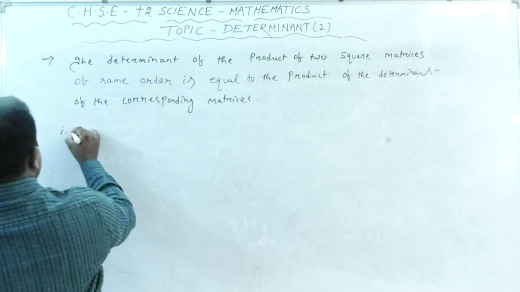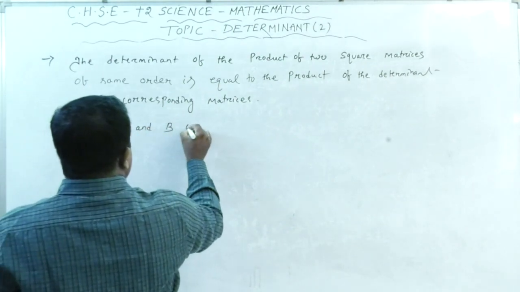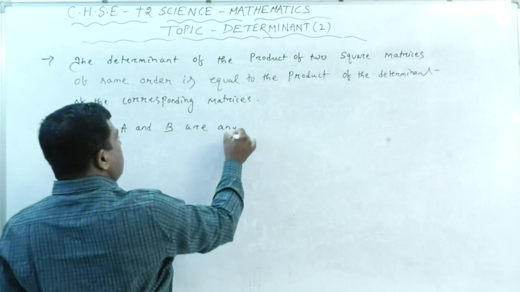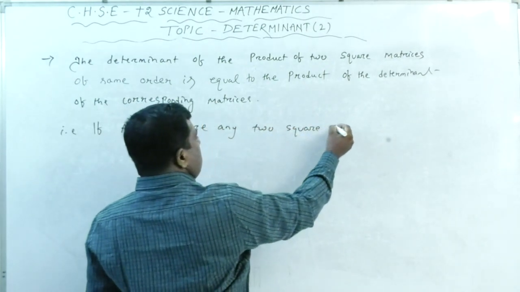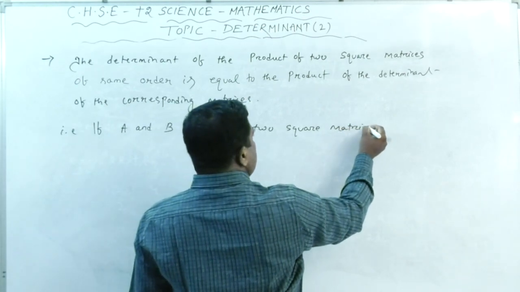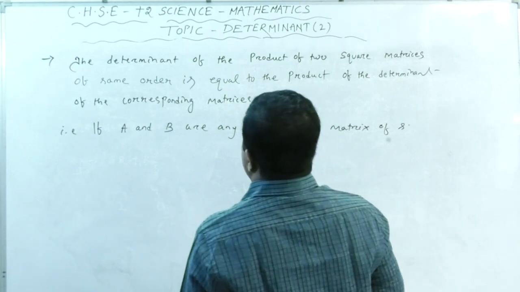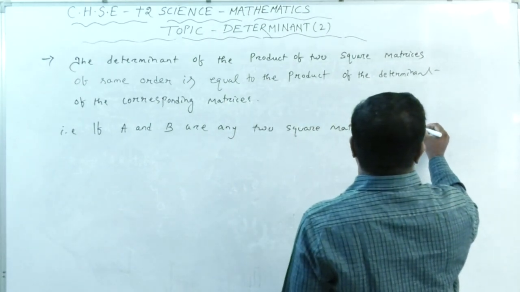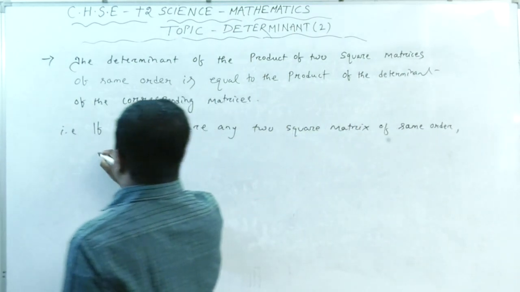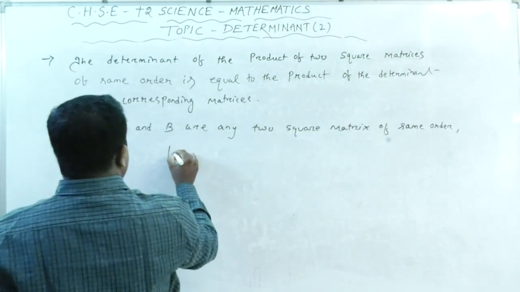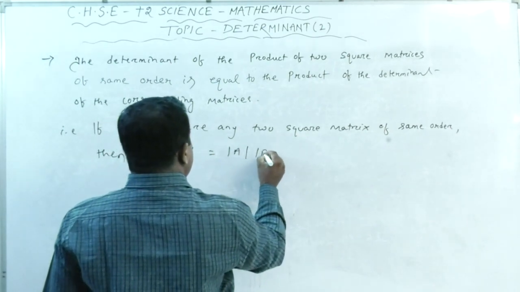That is, if A and B are any two square matrices of the same order, then determinant of AB equals determinant of A multiplied by determinant of B.